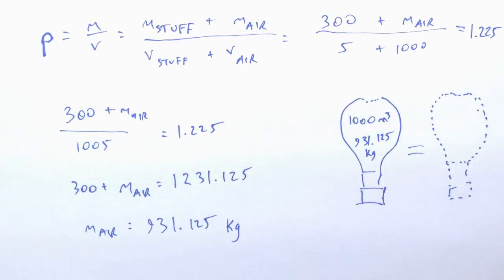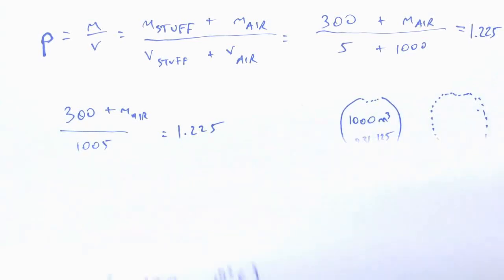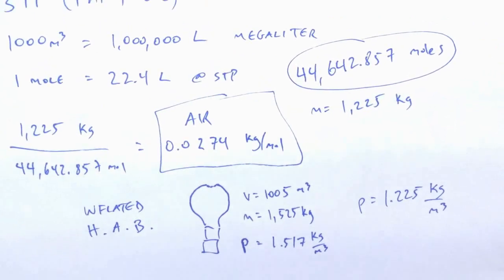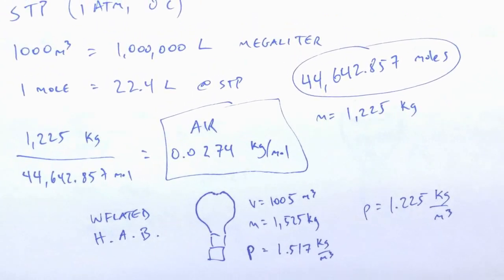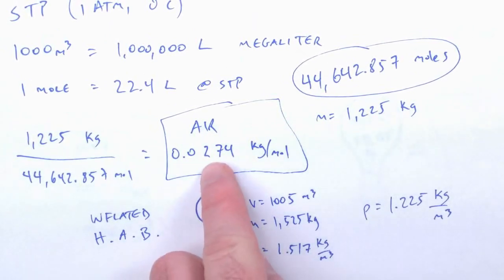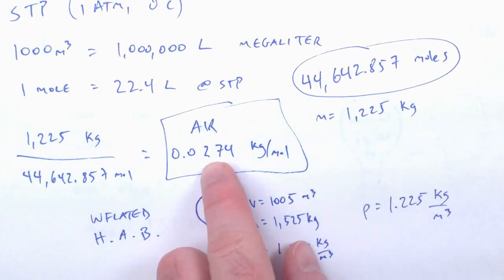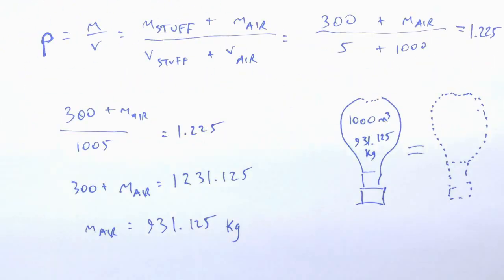If you will remember just a bit before, we found a molar mass for air. So if we take the number of kilograms and divide by the molar mass, we should get the number of moles.